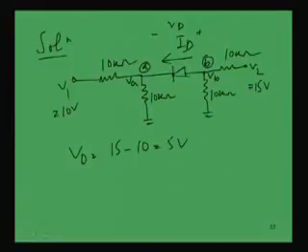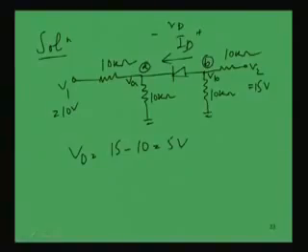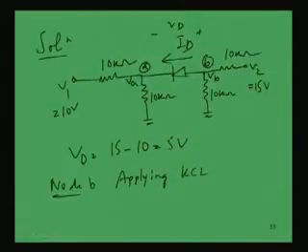Let us first consider node B and apply KCL, Kirchhoff's current law: the sum of the incoming and outgoing currents is equal to 0.